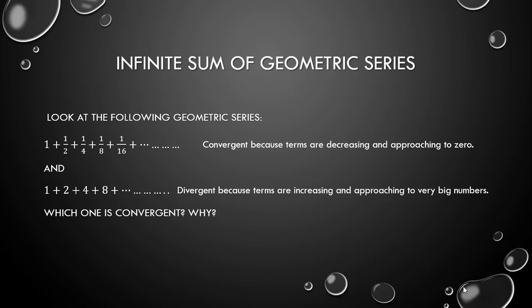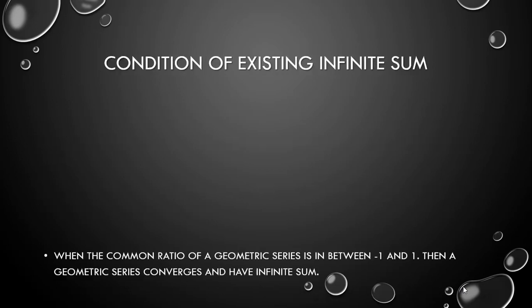And if you take a big value of n, and the terms get bigger, then it is a divergent series. So here you can see that the first one is convergent and the second one is divergent.